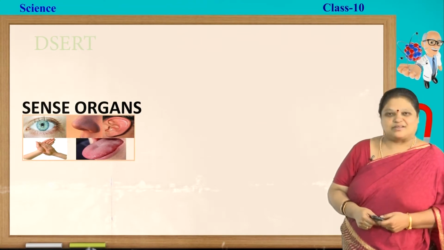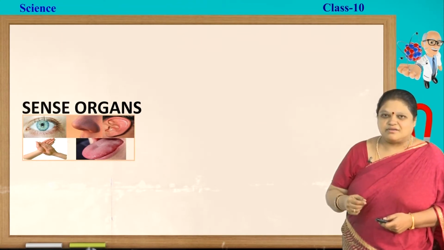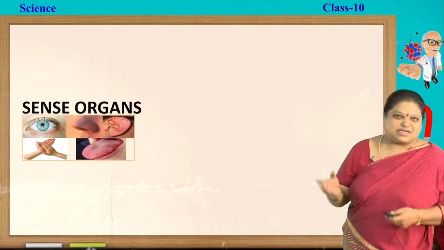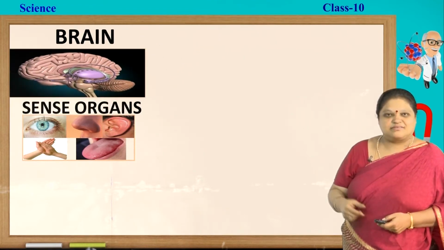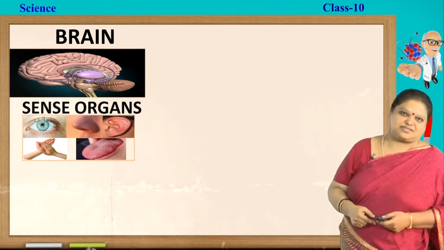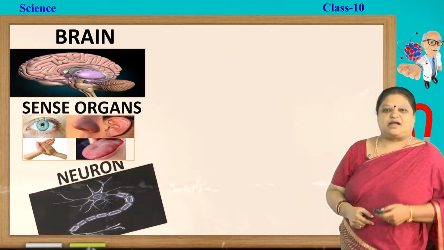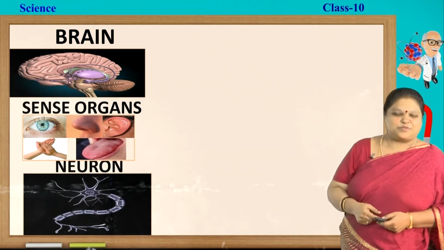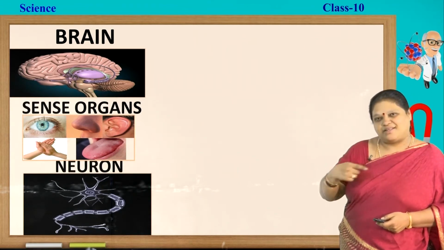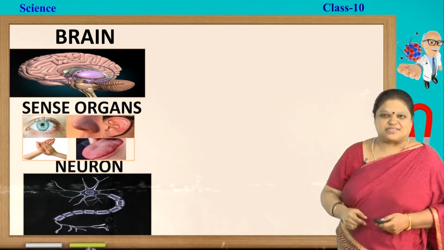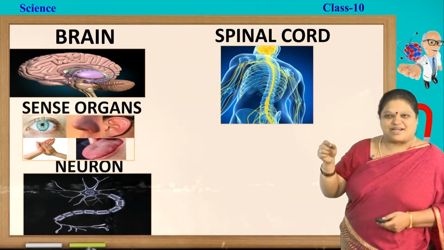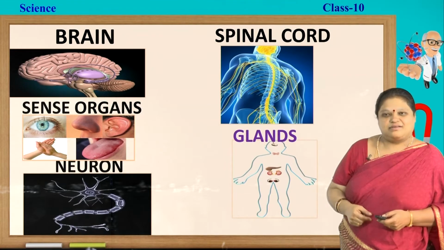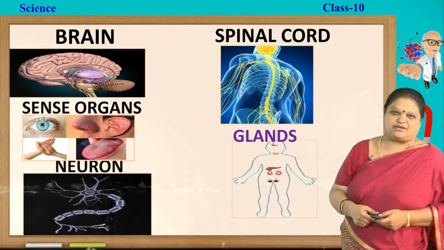All the 5 sense organs, you see something or you hear something, so you react to that. Next is your brain, which processes it, and the neurons are responsible for conveying the message through impulses. You also have the spinal cord, which also sends the impulses, and the different types of endocrine glands.